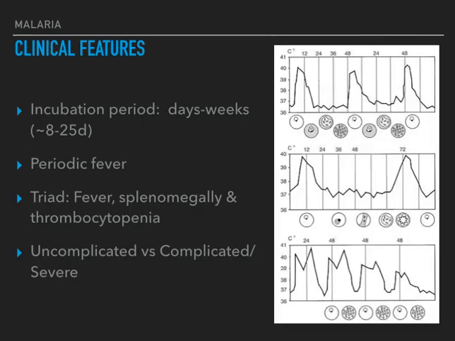The incubation period for malaria is days to weeks, and I've thrown an average up there, which is about 8 to 25 days, but will vary by species. It's important to know that incomplete chemoprophylaxis or partial immunity can actually prolong the incubation period for months and even years. Patients begin to show symptoms when the schizont RBCs lyse and release more merozoites into the bloodstream to infect more red blood cells.